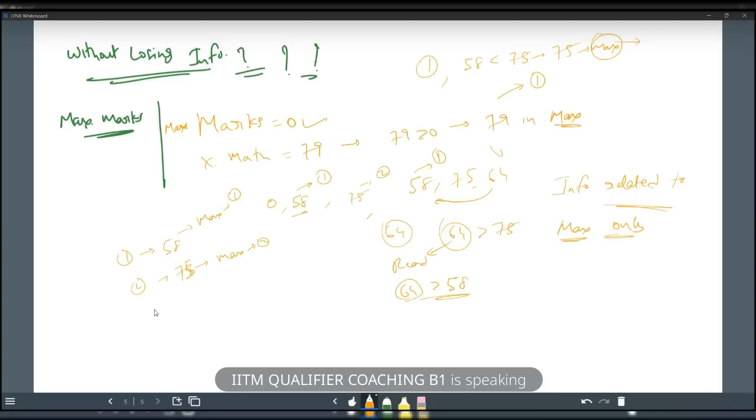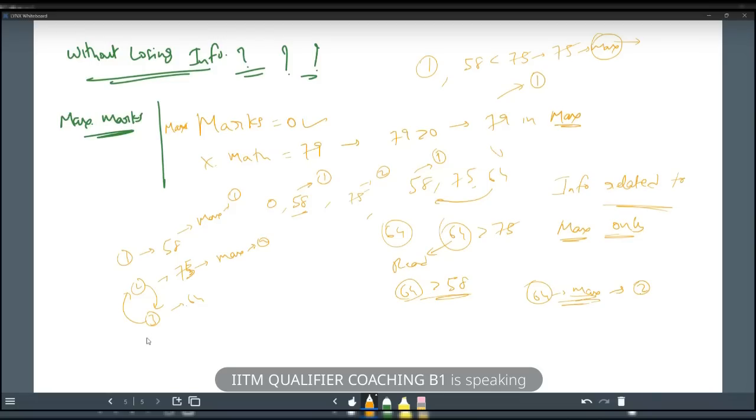But in case the third card had come in place of the second card and the second card in place of the third card, then we might have stored the value of 64 in max. In that case, we should have stored the information related to the second card in the details of max as well, because it took a place in the variable max.